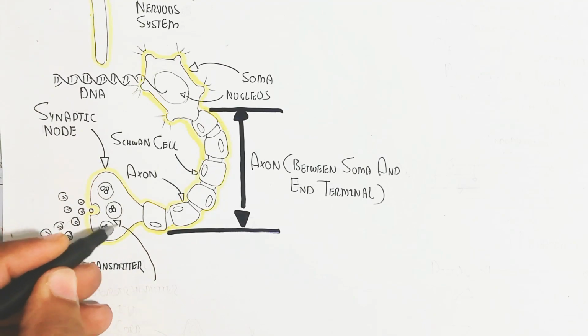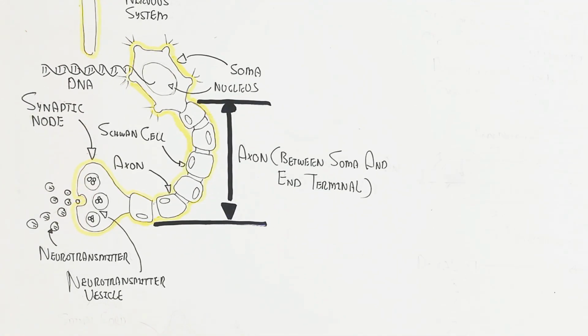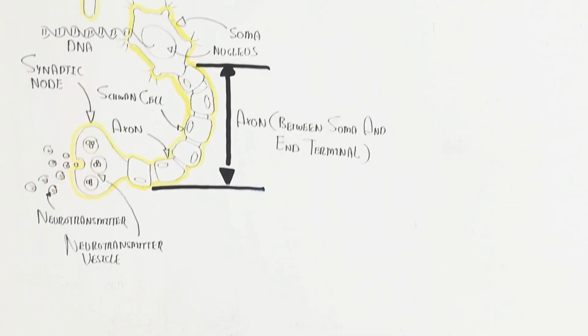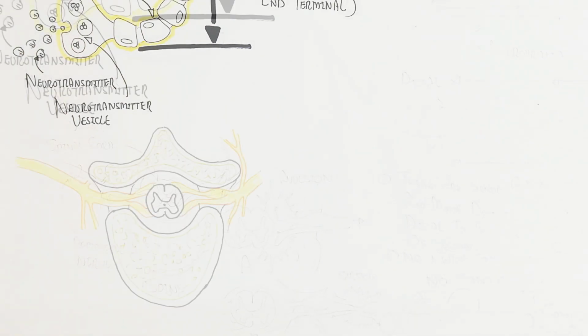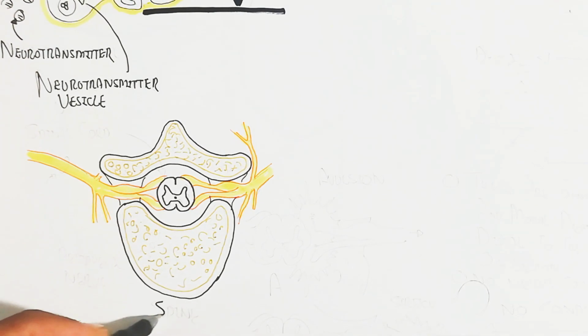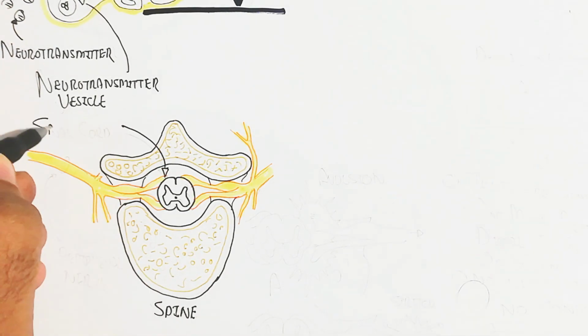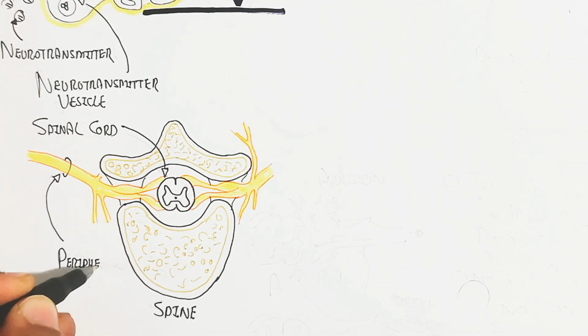Let's discuss the vertebrae, where the spinal cord is present, and how it can be injured and dysfunction through injury. This is the spinal cord within the spine, which is made of vertebrae, and each vertebra contains bone and is attached with a disc.